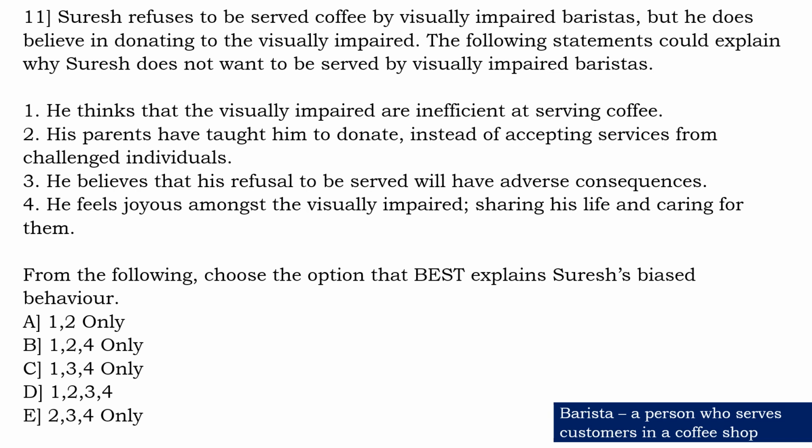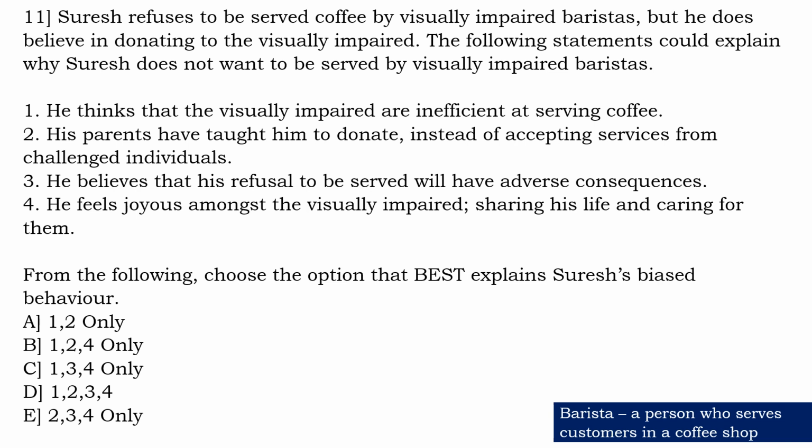Then fourth one, he feels joyous amongst the visually impaired, sharing his life and caring for them. If he is feeling joyous amongst the visually impaired people and sharing and caring for them, why should he be refusing to be served by them? That is not explaining it properly. The question is why he refuses to be served by the visually impaired baristas.